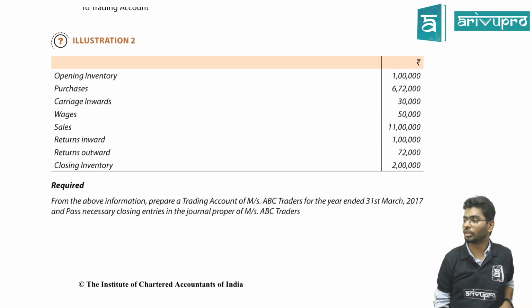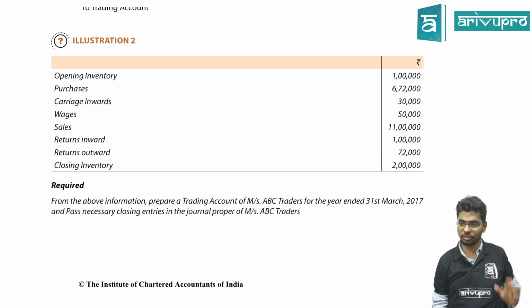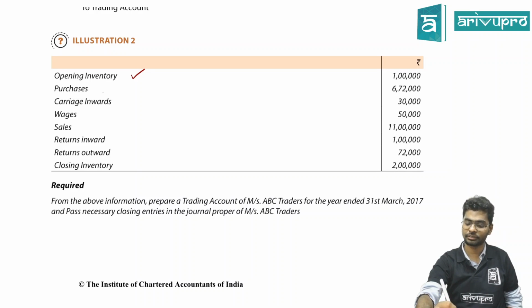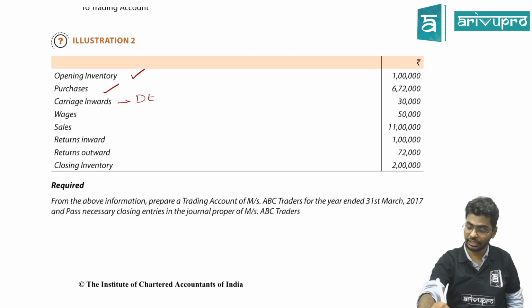Okay, let me just write the format and try understanding. Opening inventory comes on the debit side or the credit side? Purchases? Carriage inwards? Direct expense?